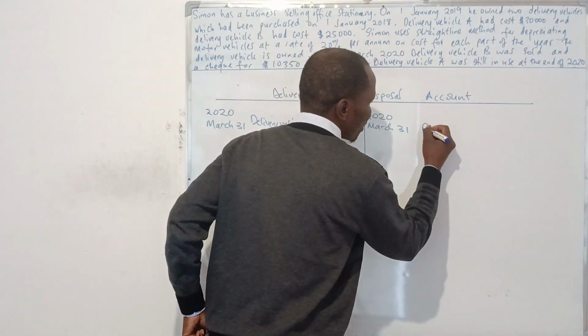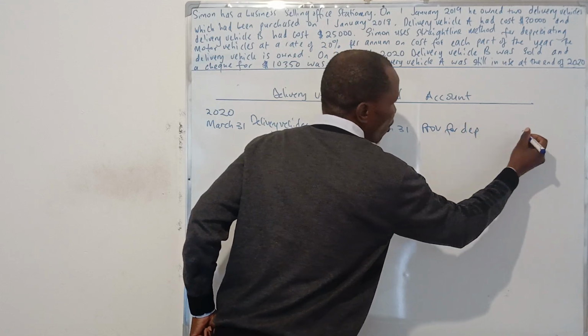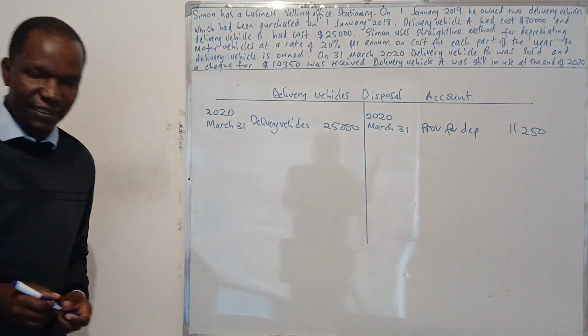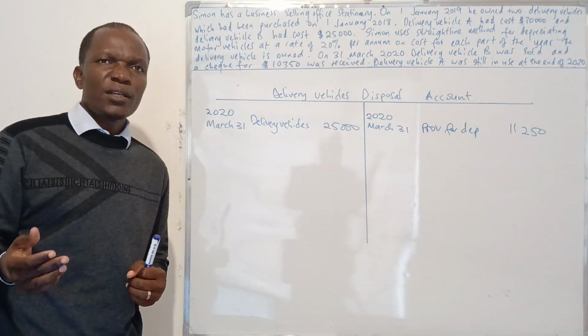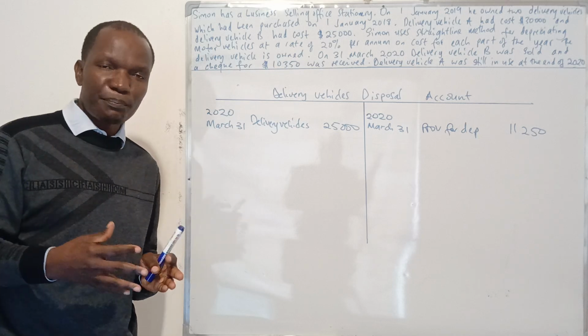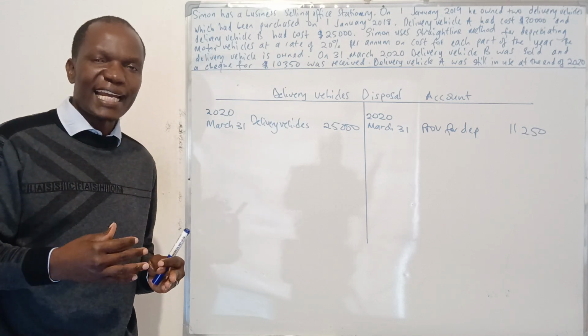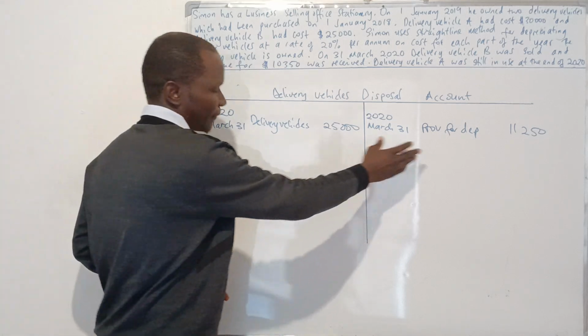So we put our provision for depreciation, the total was 11,250. When you're doing disposals, you debit the provision for depreciation account with the total amount depreciated for that particular non-current asset, and we credit our disposals. That's what we've just done here.